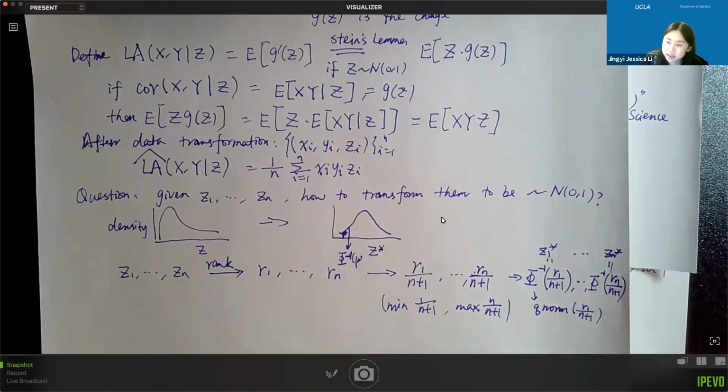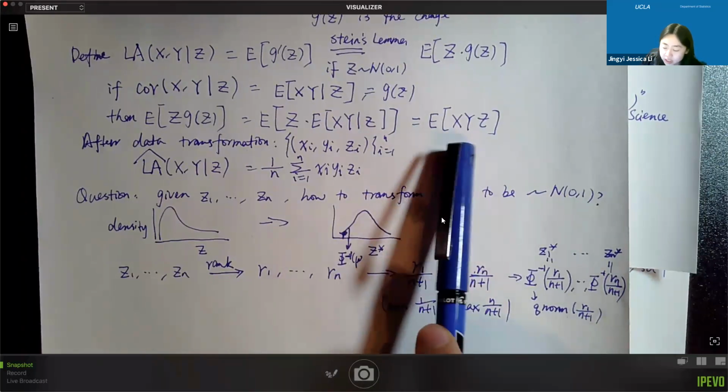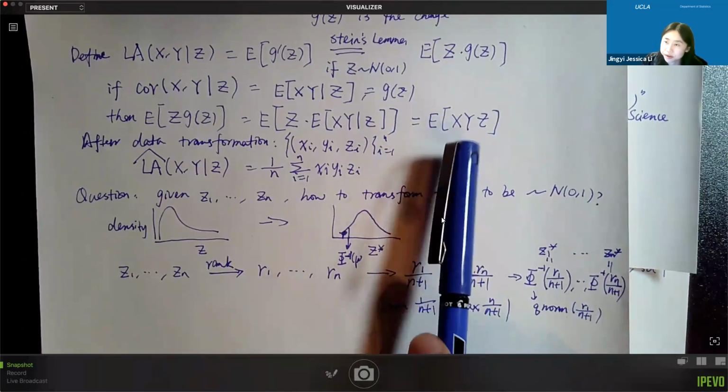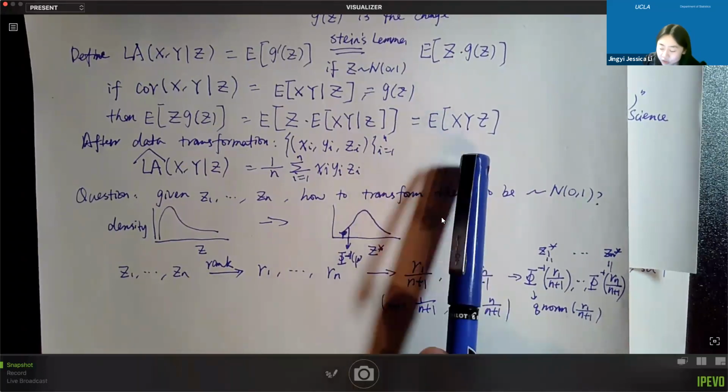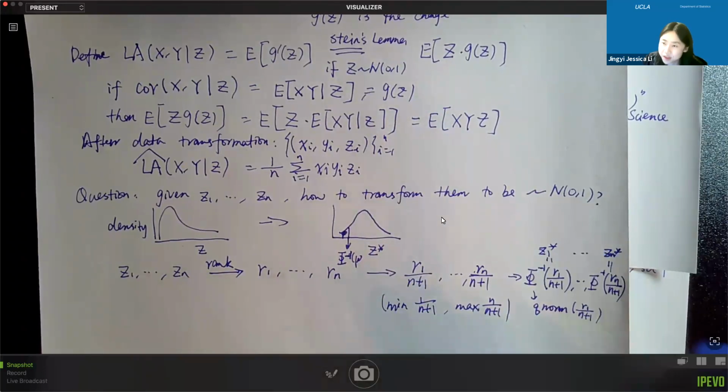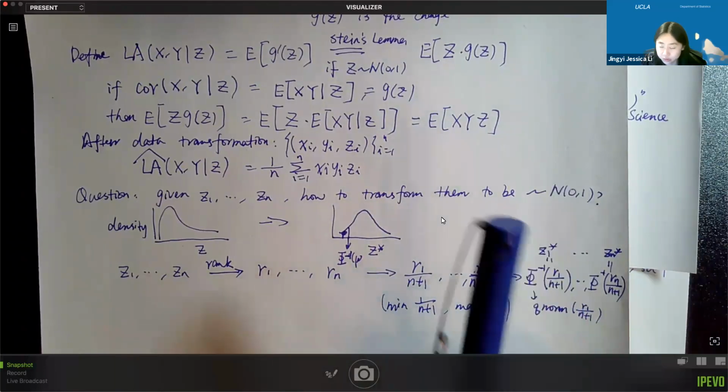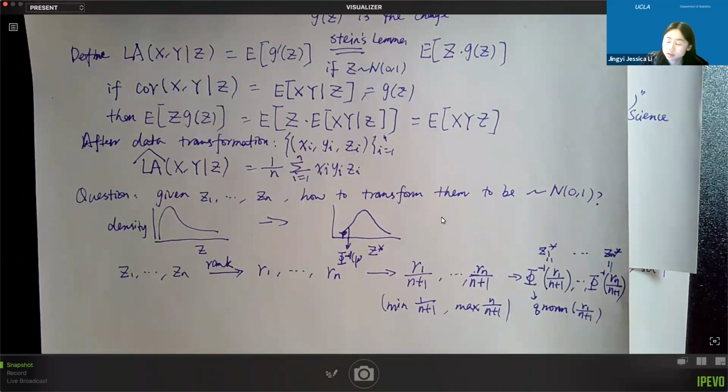As you are doing the sampling yourself, you initiate the sampling, you can control the sample size. You can draw a large enough sample from the density, the posterior you specify. Then you can have a very good approximation accuracy for the expectation you need. So that's the whole story of why we want to do sampling and why we want to be able to draw samples efficiently from a complicated distribution.